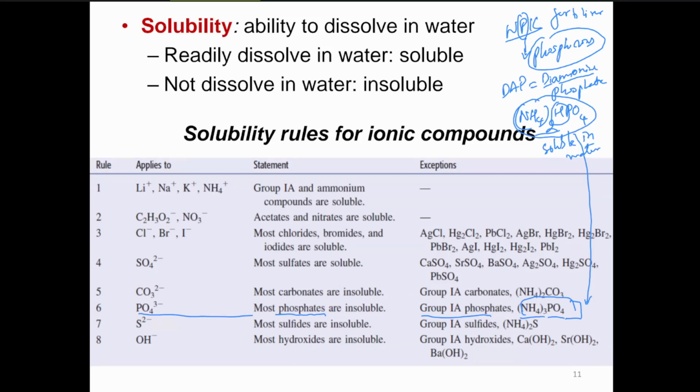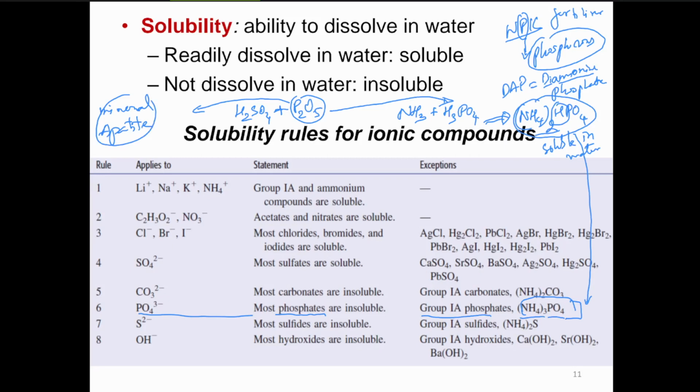Okay, and then this H3PO4 is made by the reaction of H2SO4 plus P2O5, and the P2O5 comes from the mineral we call apatite. Okay, so in the apatite you have P2O5 plus several metals.